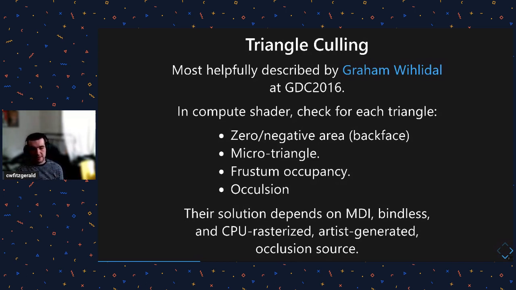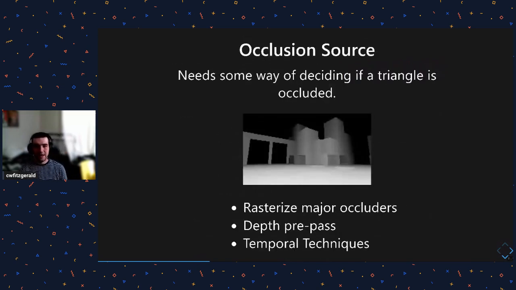And it also has a CPU-rasterized, artist-generated occlusion source, which is a lot of words, but basically it is a very low-poly model that the artists have made of the level, so that it can render this roughly 100-polygon thing on the CPU, generate a low-resolution depth map, and then use that depth map for the occlusion culling.